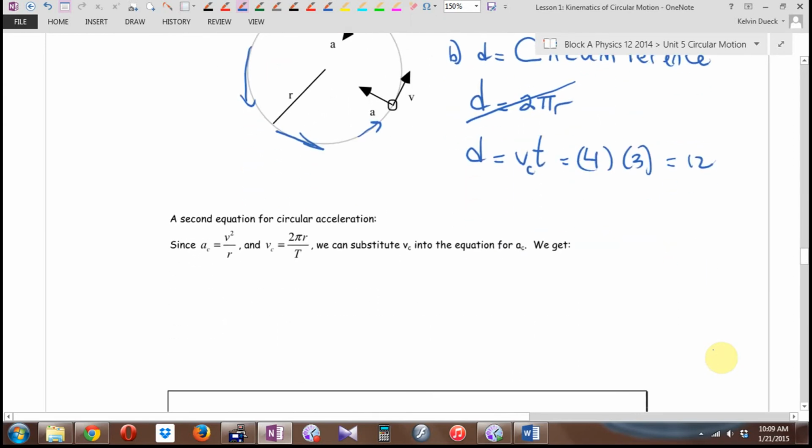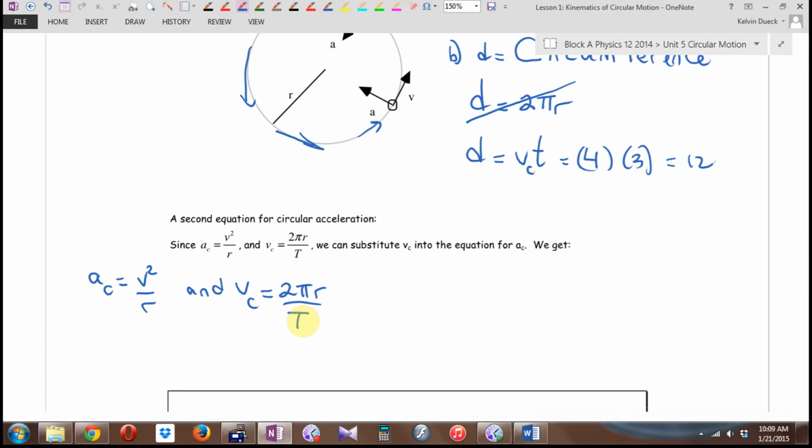Now, I already told you this, and I already told you this. I told you that AC, centripetal or circular acceleration, is v squared over r. And I told you that circular speed, and you'll notice I'm not putting vectors on any of this because the direction is changing constantly.